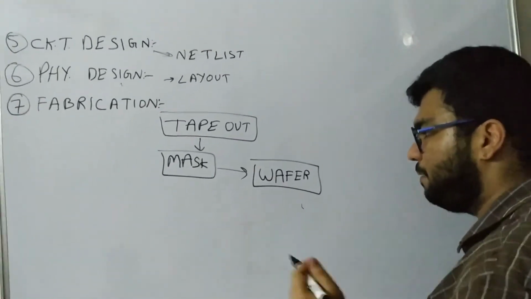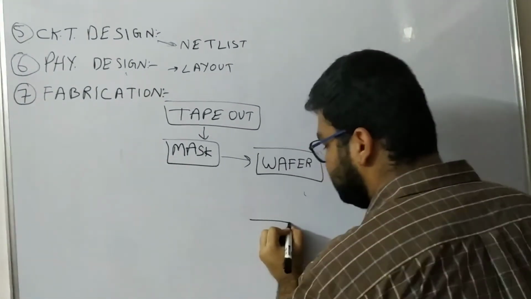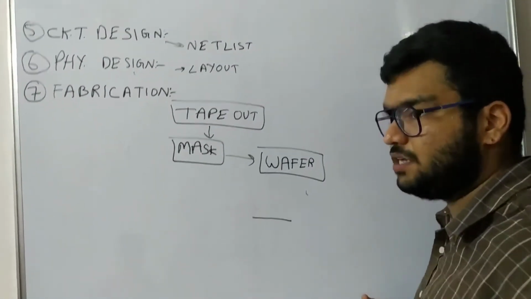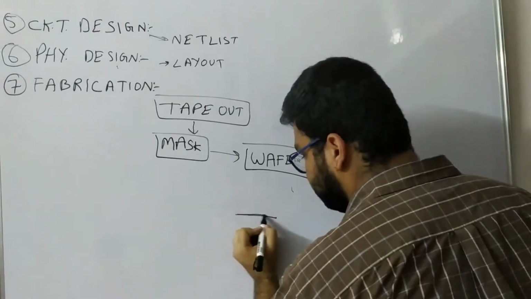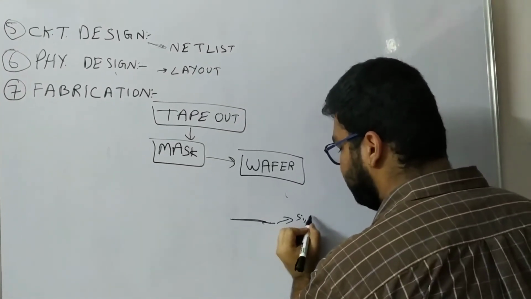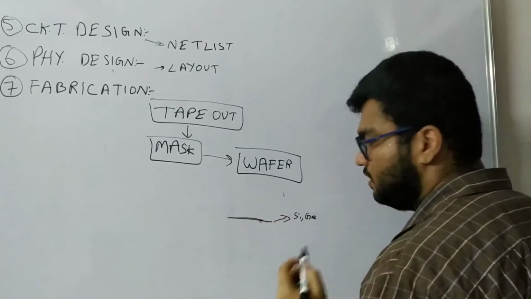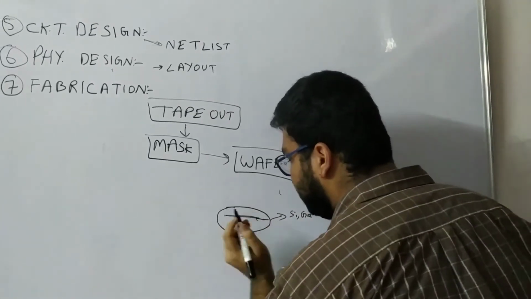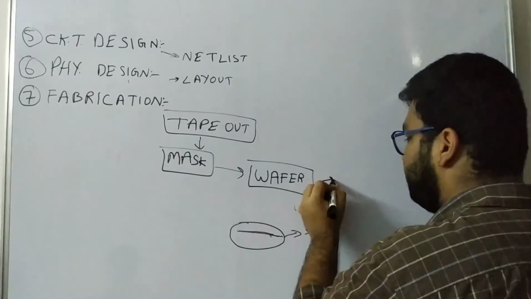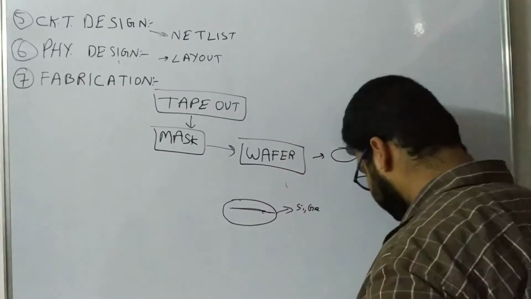As I told you in my previous videos, an IC is nothing but implanting the components or electronic circuit elements on a chip, that is a semiconductor material, silicon or germanium. So this semiconductor material base is nothing but the wafer. Generally this wafer will be in the form of a disc.